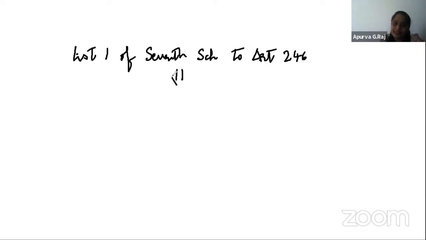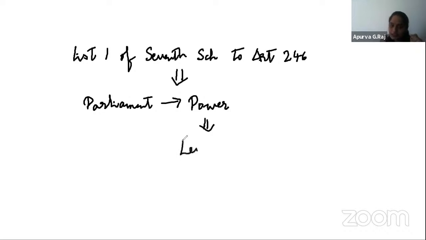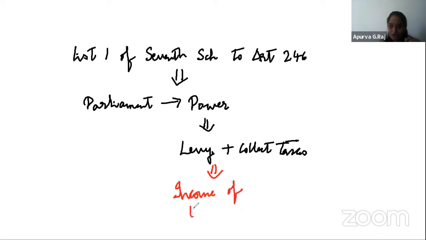What it says is that Parliament has the power to levy and collect taxes with respect to income of the person other than agricultural income.